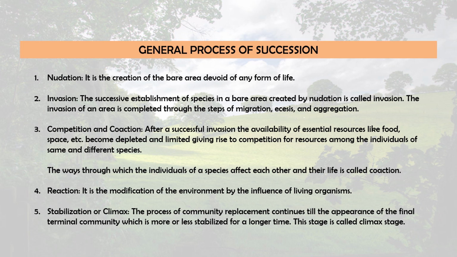In this process, there is establishment of initial plants on the bare area through germination of the reproductive bodies and growth of that plant to maturity. These processes depend on different climatic, edaphic, and biotic factors.